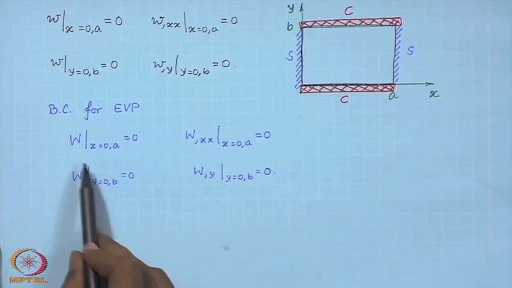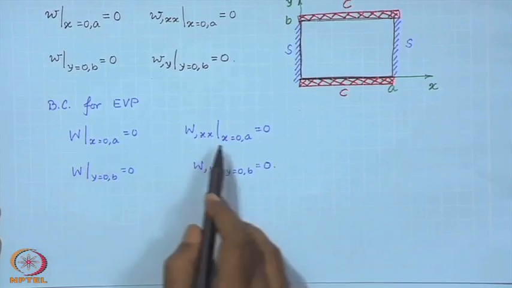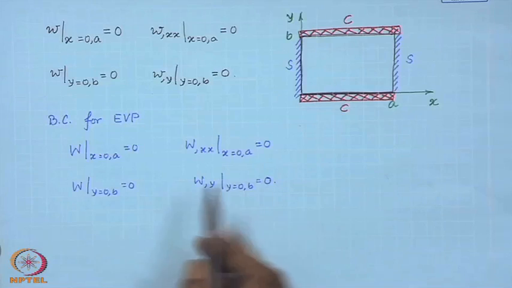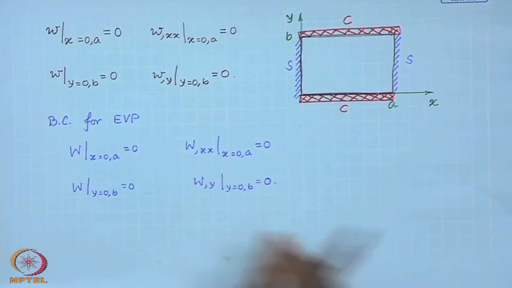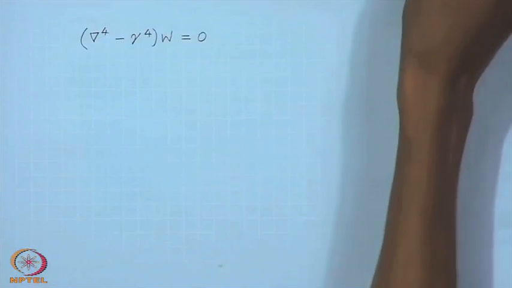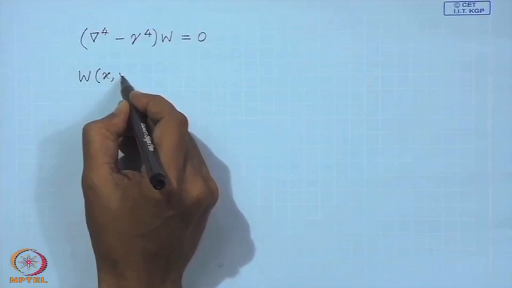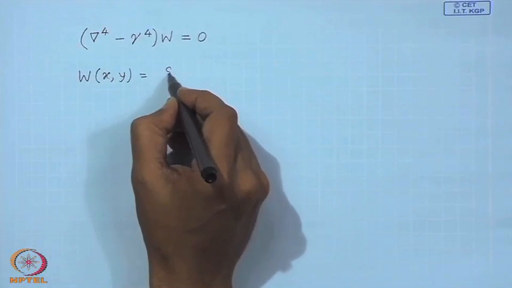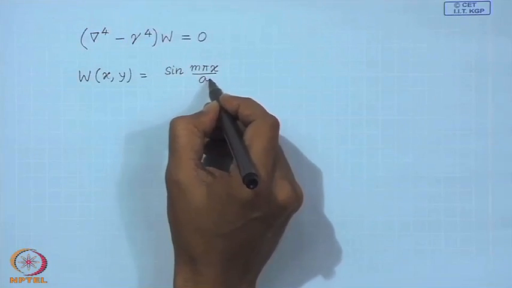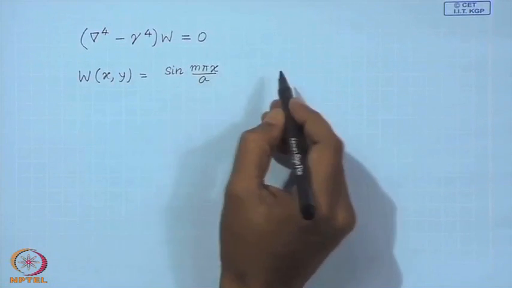So, let us try a solution which already satisfies these two boundary conditions, at x equal to 0 and a, the displacement and the moments being 0. And we know that sine m pi x over a is a function which satisfies these 4 boundary conditions, 2 on each edge.